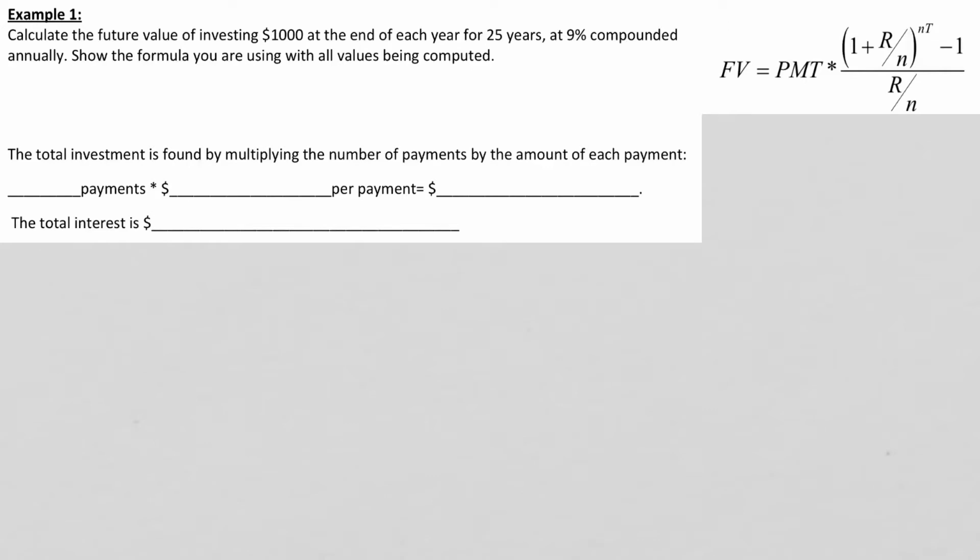Okay, for number one, you're told that this is an ordinary annuity, but you don't need to be told that because the $1,000 is being invested at the end of each year rather than at the beginning. That implies that it's an ordinary annuity.